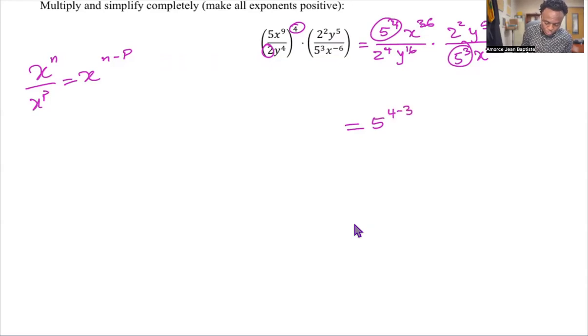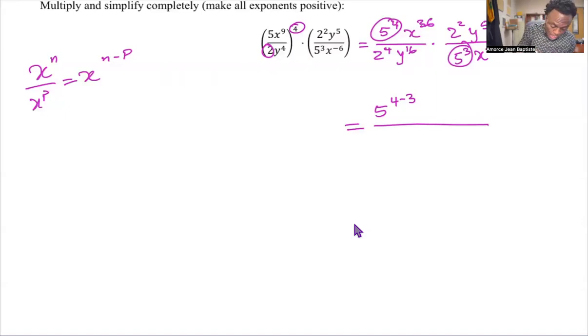I'm going to keep my fractions because some of the results are going to need to be put in the denominator. Basically I keep the result wherever the largest exponent is.